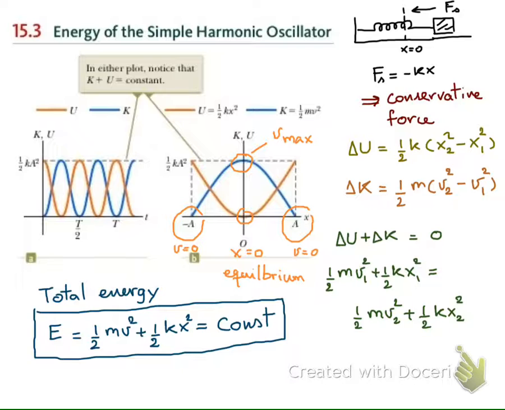So at the equilibrium point, you can see that the velocity is maximum, here at this point. And the potential energy is 0 because h is 0 here.